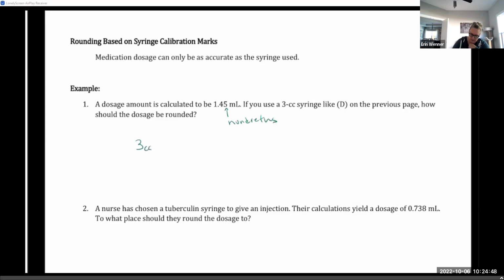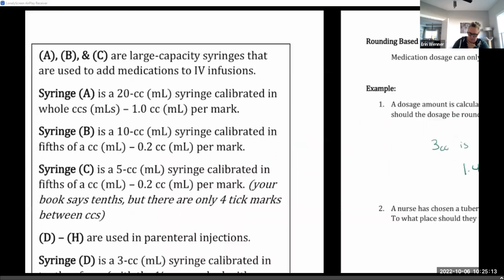So 3 cc is calibrated in tenths of a cc. Therefore, 1.45 milliliters becomes 1.5 milliliters. And you would also be giving 1.5 cc's for that.